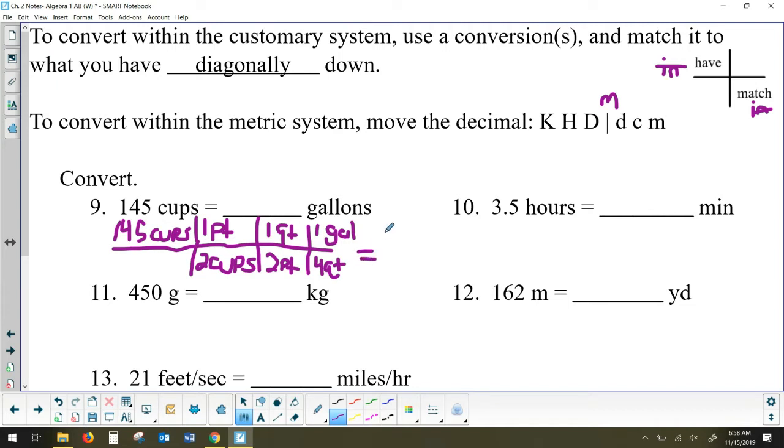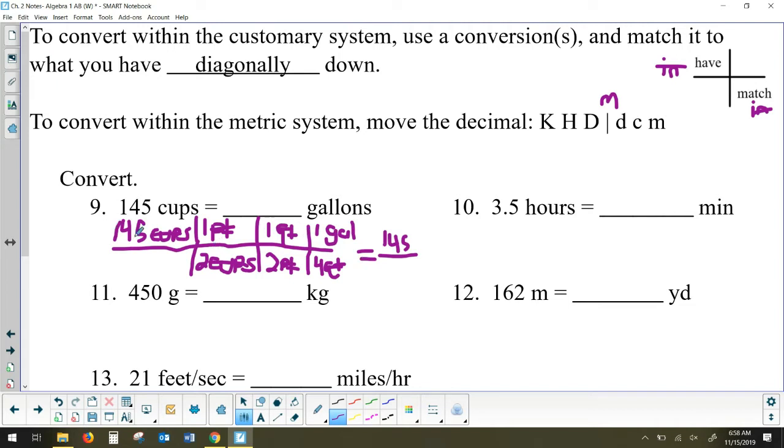So in total we have 145 cups all over, or not cups, sorry, 145 because our cups cancel, we check. Do pints cancel? Yep, PT. And we're left with gallons, just gallons.